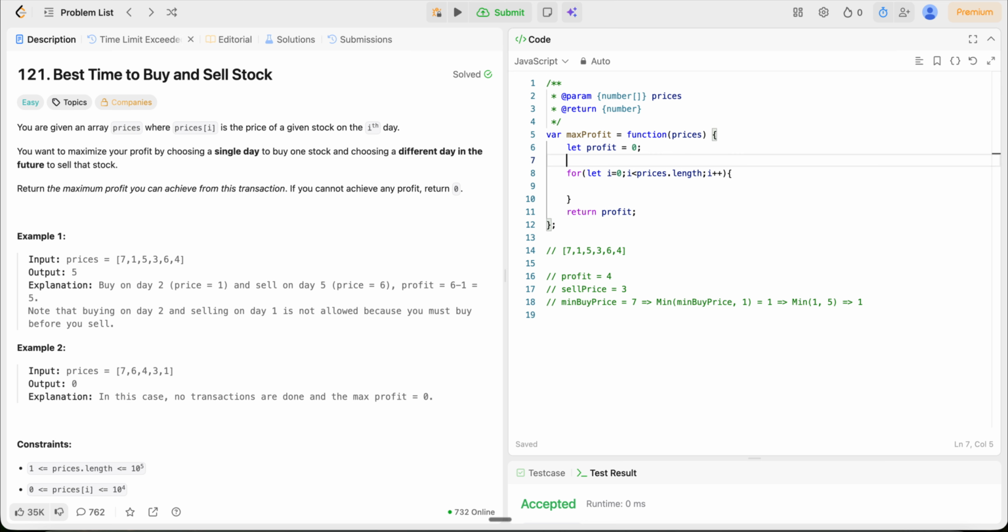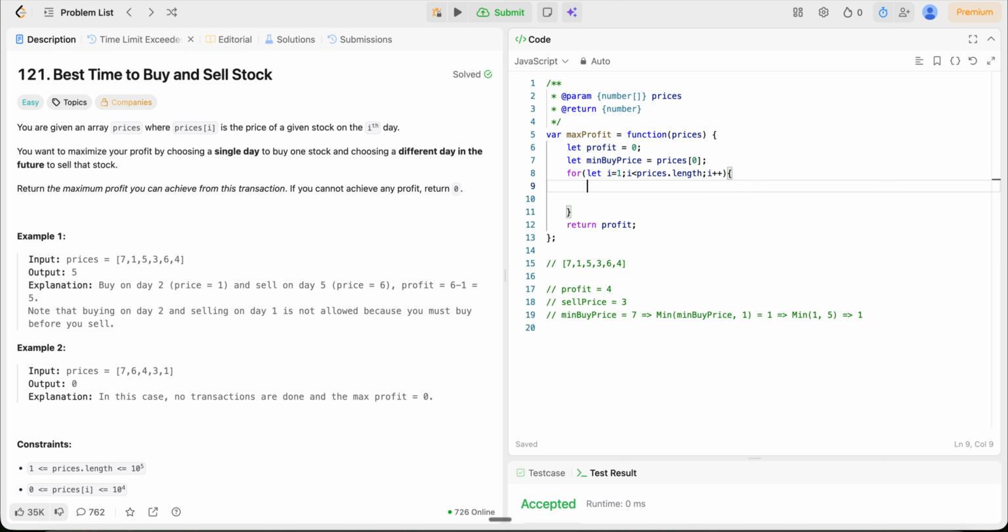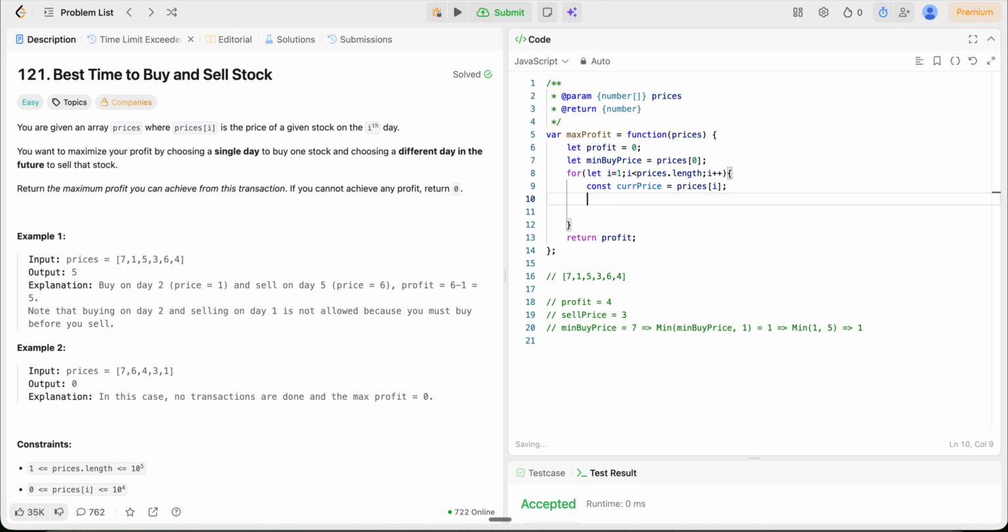So the solution, the profit part remains the same. Minimum buy price is prices of 0. Initially we are ensuring that we are assigning the first one because we are starting our values from the first element. So I will start the loop from here. const current = prices of i.